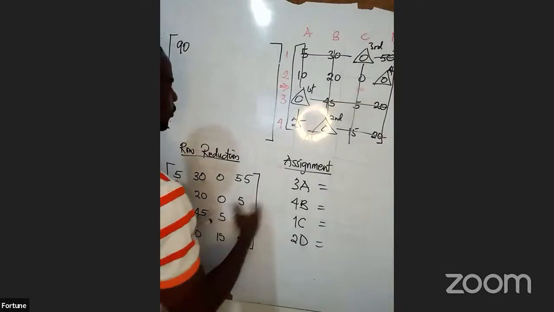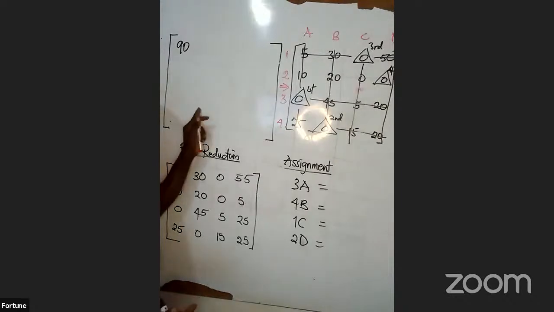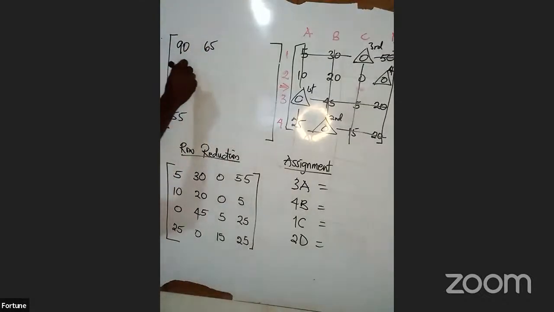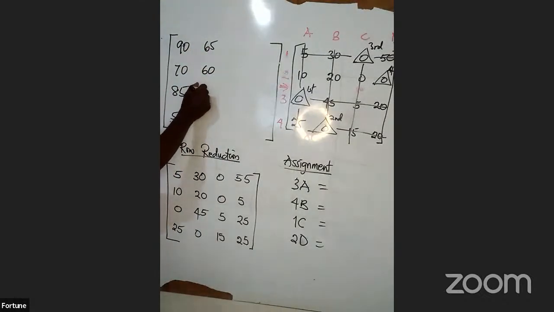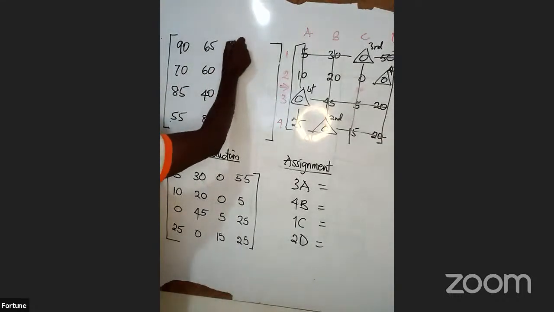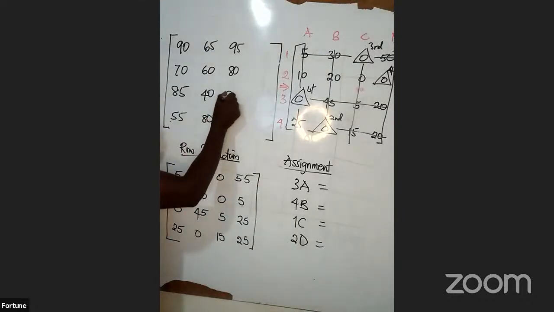Right. So this is 3A. Okay, so I want to rewrite the original problem we're given. This is 70. I know you have it already. 85, 55, 65, 60, 40, 80. 80, 95, 80, 80, 65.